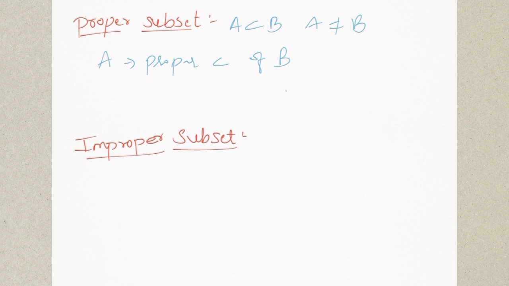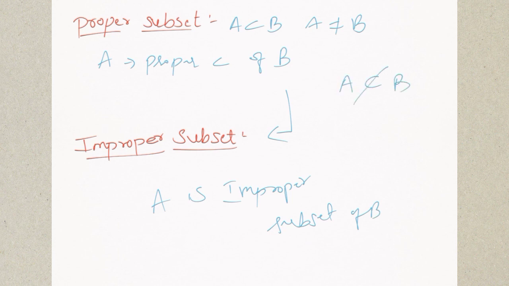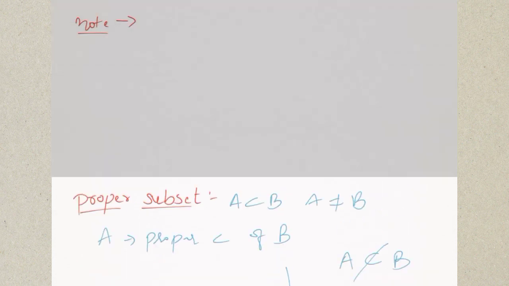If not, they are called an improper subset. Then we will say A is an improper subset of B. Suppose A is not at all a subset of B, then you will just scratch that subset symbol. That's it.